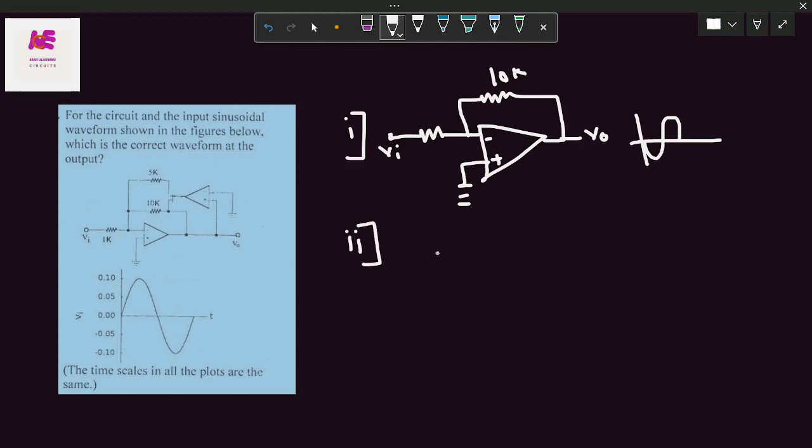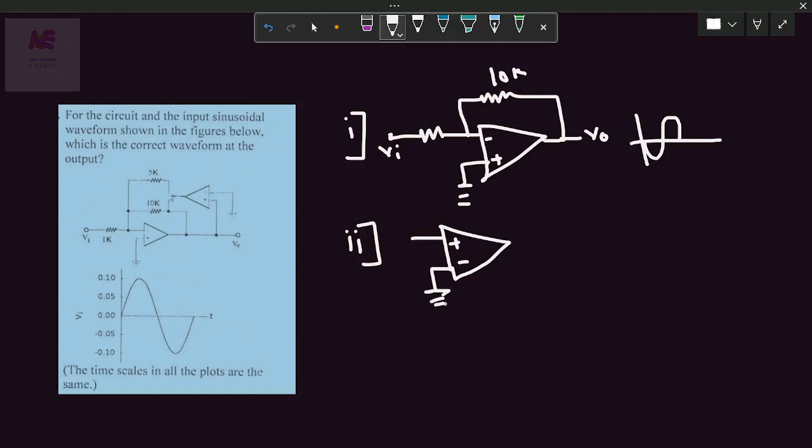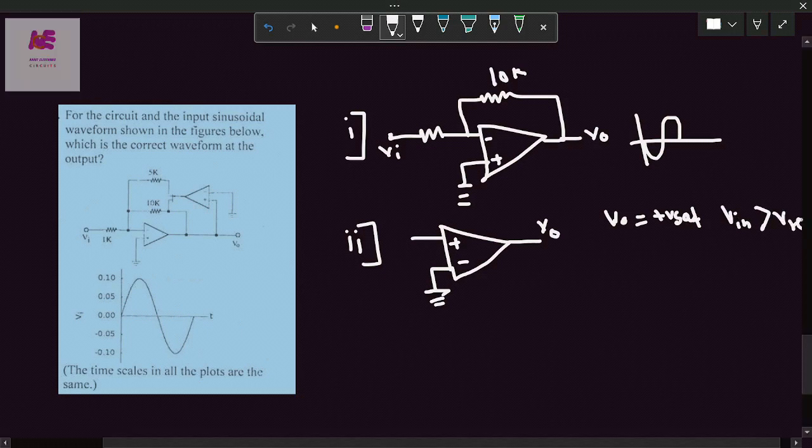The second operational amplifier is given in open loop configuration, and this is nothing but the comparator. Here the input is applied at the positive terminal and the negative terminal is at ground, which means this is the reference voltage. So the output voltage will be plus V saturation if the input voltage is greater than the reference voltage.